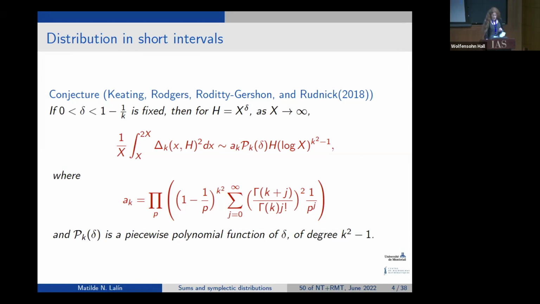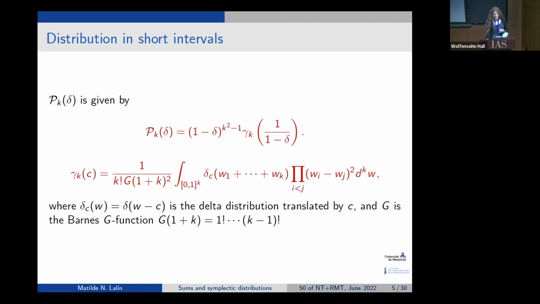I want to focus here on this p_k(delta). Like I said, this is a piecewise polynomial function in delta, with degree k squared minus 1. It can be written more precisely using an integral. After some normalization, we are going to call it gamma_k(c), and this is given by some integral.